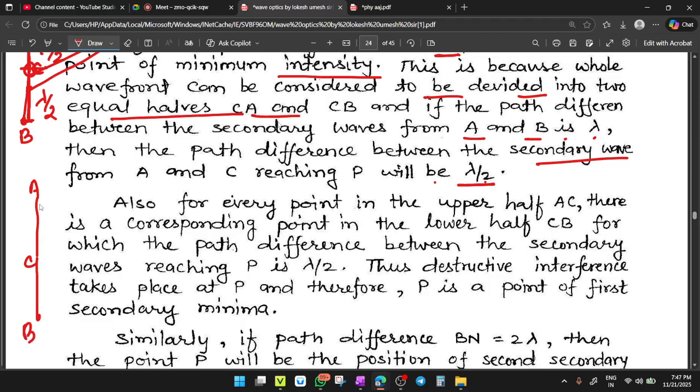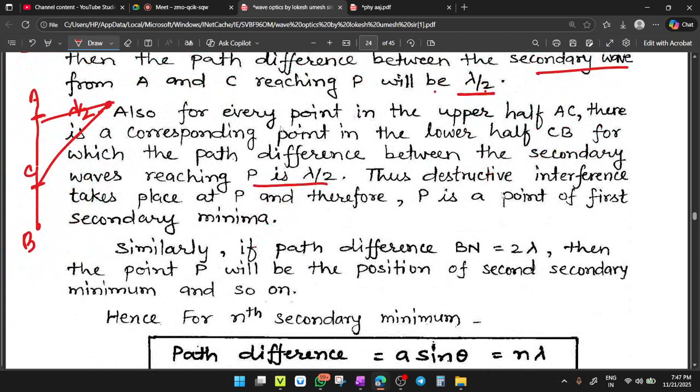Just as I showed you, for the point below A there is a point just below C having a path difference of lambda by 2. So they will interfere destructively. Corresponding to each point in the upper half AC, there is a point in the lower half CB for which the path difference between the secondary waves reaching point P is lambda by 2. Thus, destructive interference takes place at point P.